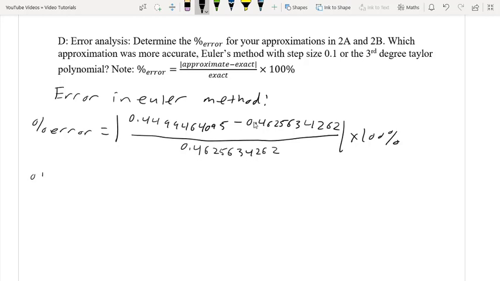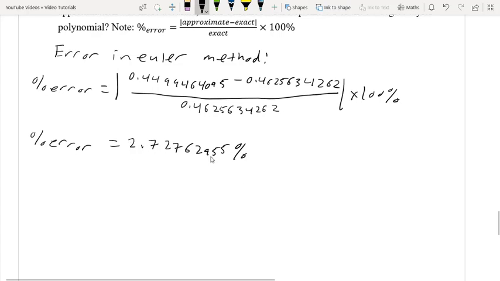And so what you're going to get is that the percent error is going to be equal to 2.727629555%. That's for Euler's method, and that's pretty good. That's a pretty small deviation.